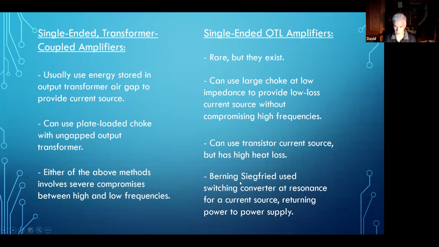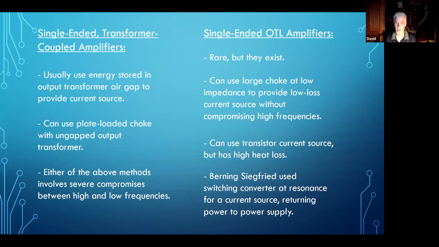And then I used my Siegfried amplifier, which came out in the year 2000. I used a very interesting scheme to get the current source. I used a switching power converter operated at resonance as a current source, which returned the unused power to the power supply.